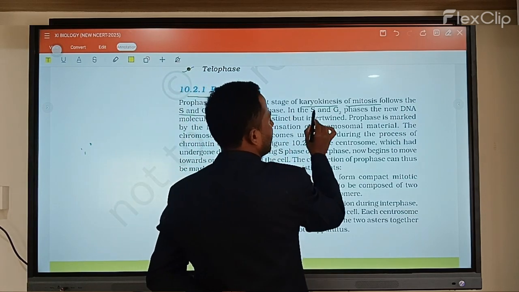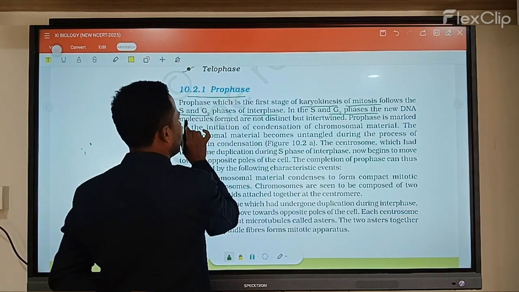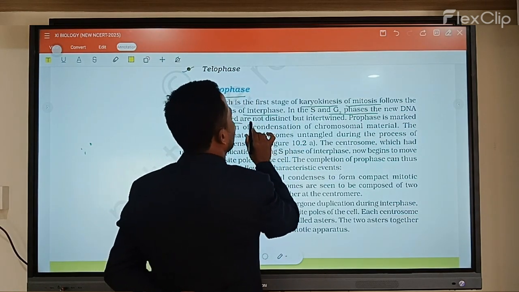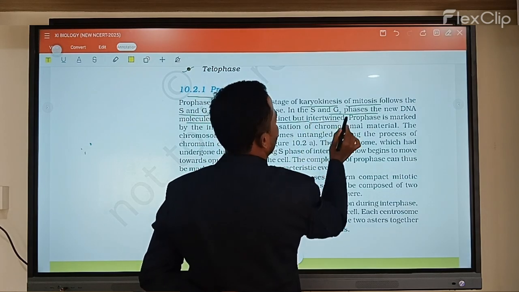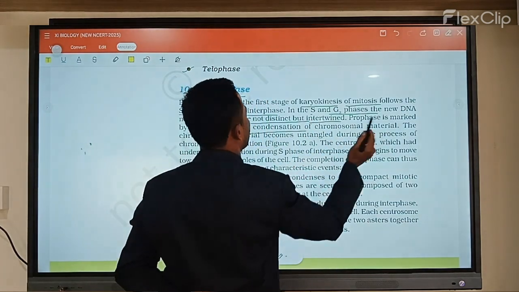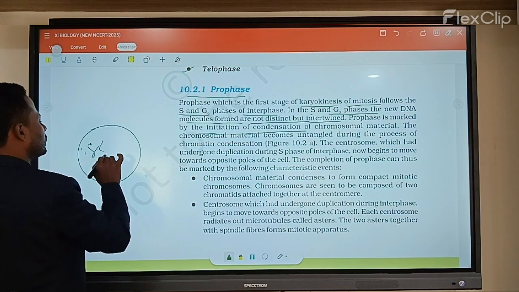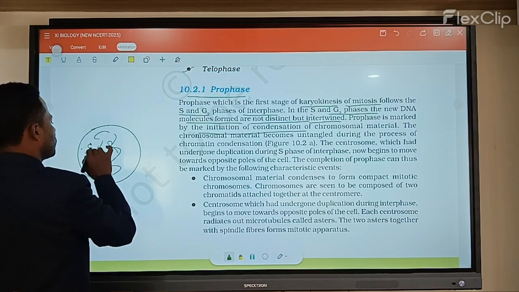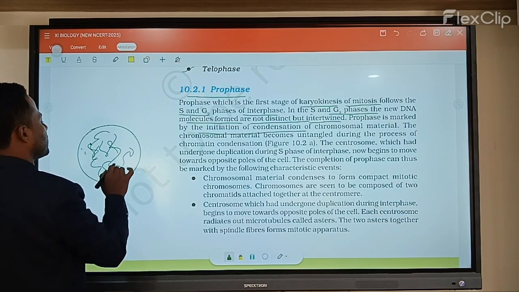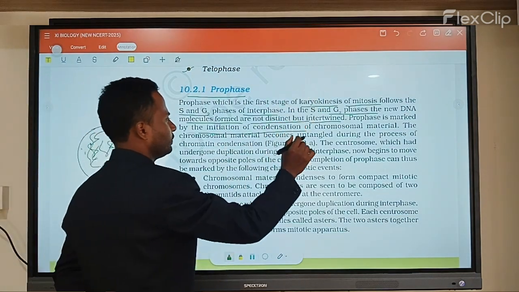In the S and G2 phases, the new DNA molecules formed are not distinct but intertwined. The prophase is marked by the initiation of condensation of chromosomal material. So what happens in this process? In prophase, chromosome condensation takes place.